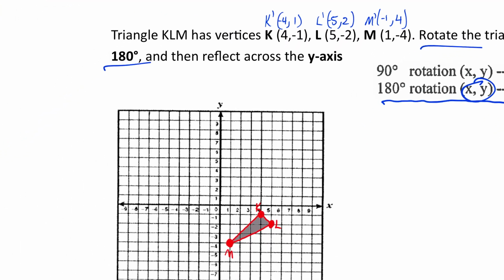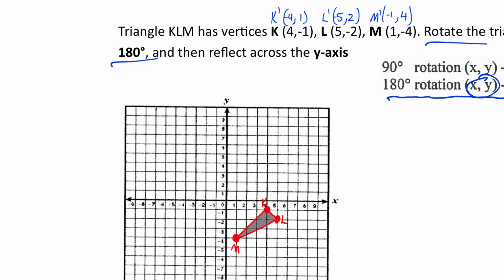So let's plot those 3 points. Okay, so negative 4, 1 is K prime. Negative 5, 2 is L prime. And then negative 1, 4 is going to be M prime.